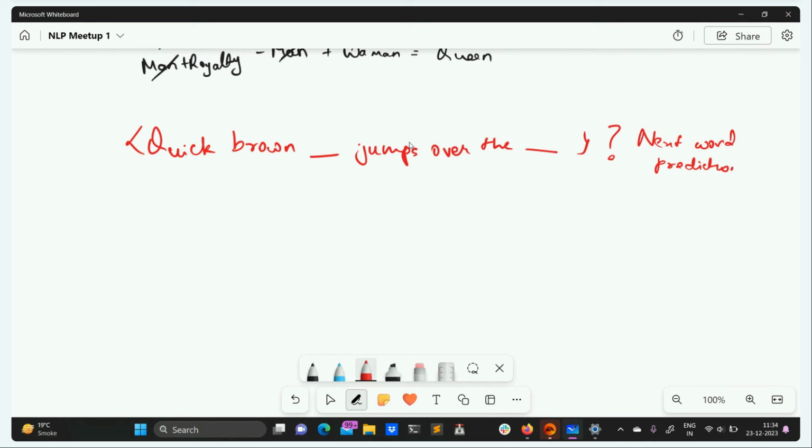Now, how you proceed with this is, you start with a model, you feed one word to it, let's say you feed it quick, and you expect it to output brown.